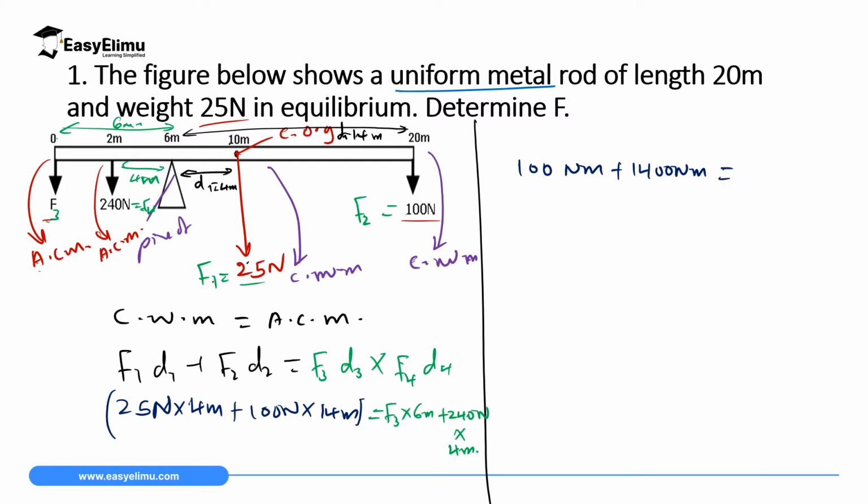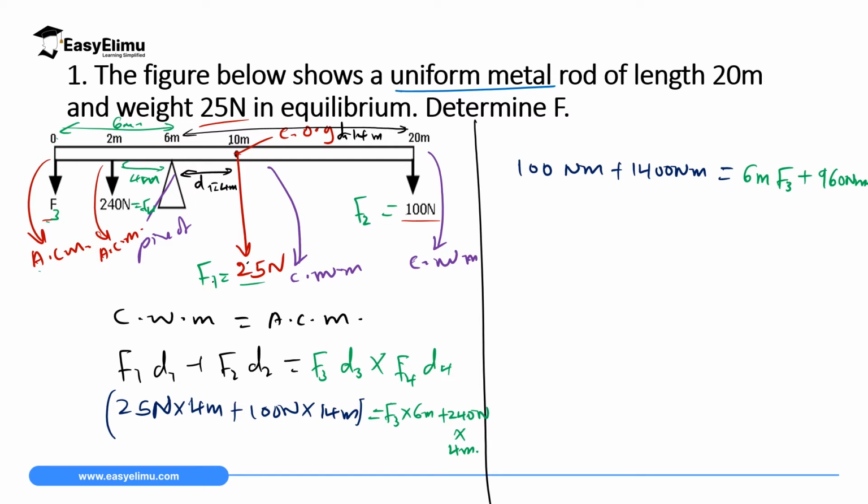Then it should be equal to anticlockwise moment, that is, we have F3 times 6, so it's going to be 6 meter F3, plus another anticlockwise moment, that is 240 times 4 as the distance, which will be 960 Newton meter.